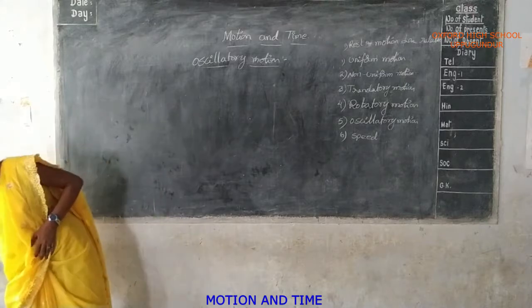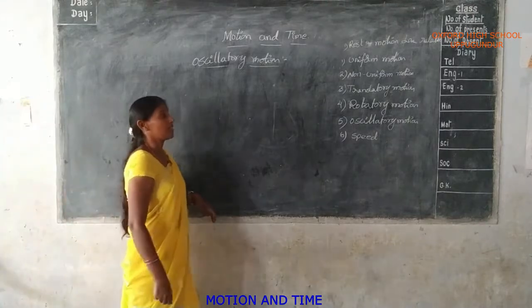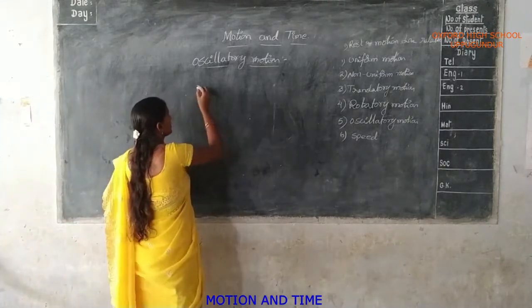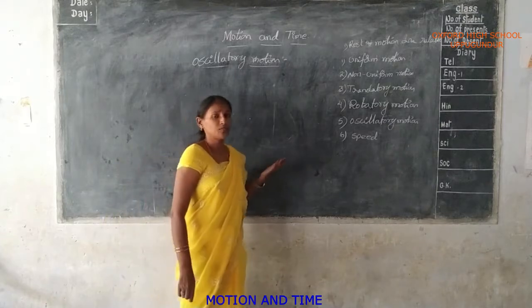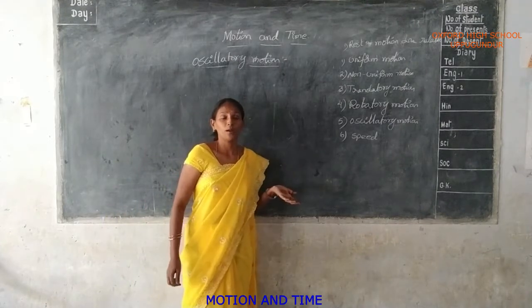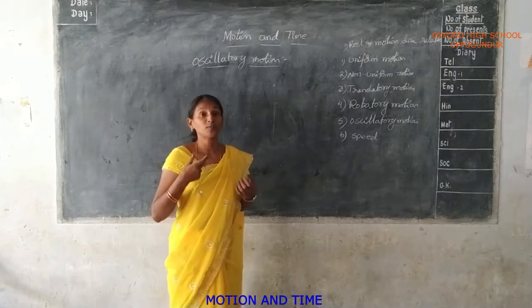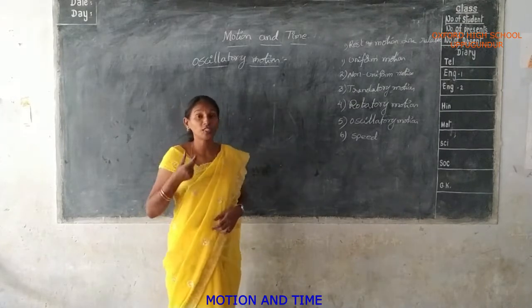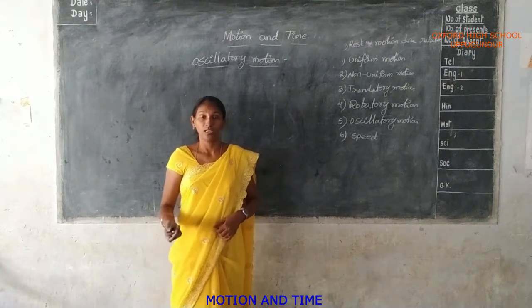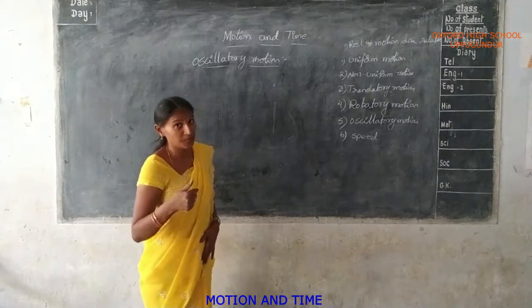Let us learn about the next topic, which is objects moving in motion. But how can you identify which object is moving fast and which object is moving very slow? So now we are discussing that point.